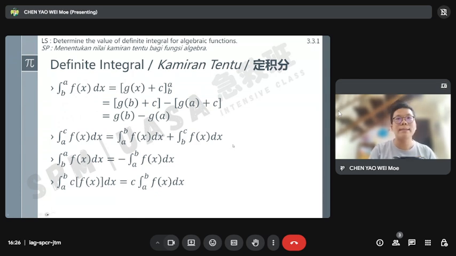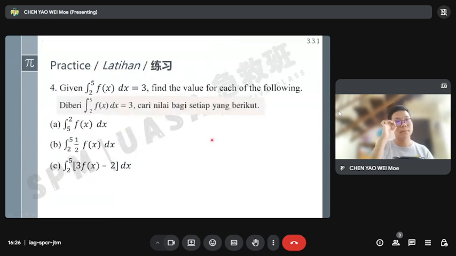Let's see an example. Given the integral from 2 to 5 of f(x) dx equals 3, find the value of each of the following.